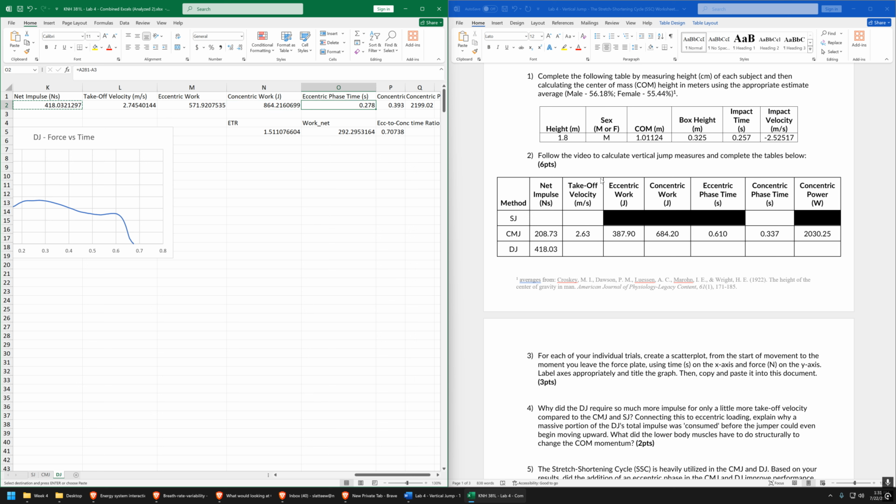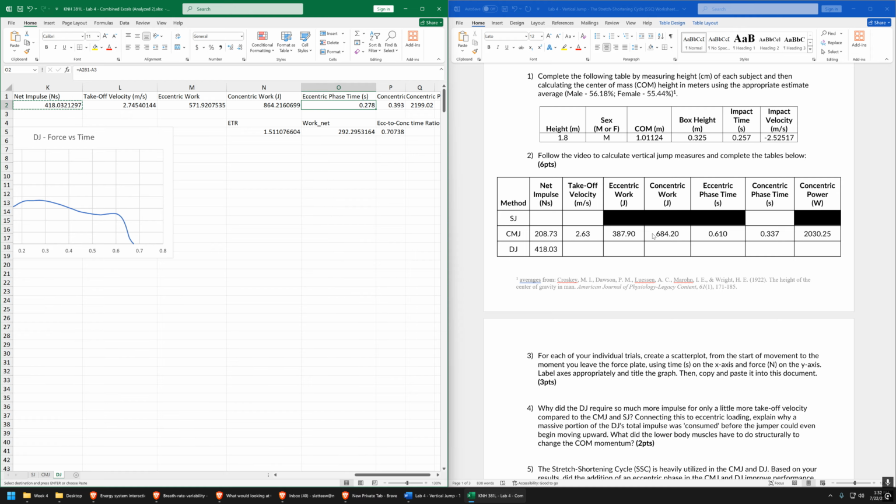The eccentric phase time was very short, less than half of what it was for the counter-movement jump, although the concentric time is a little bit longer, 0.06 seconds almost. 0.56. That's very short, but in terms of energy loss and all of that, that makes a little bit of a difference. So we'll see what that is.